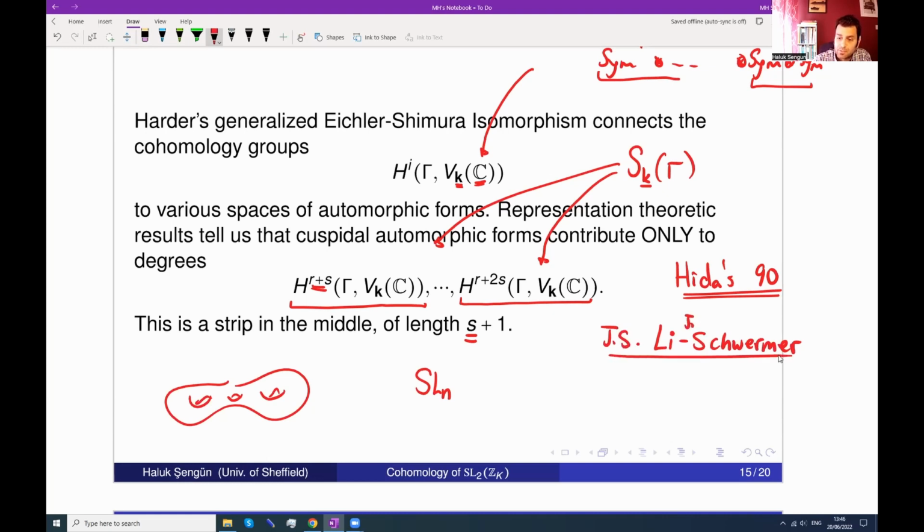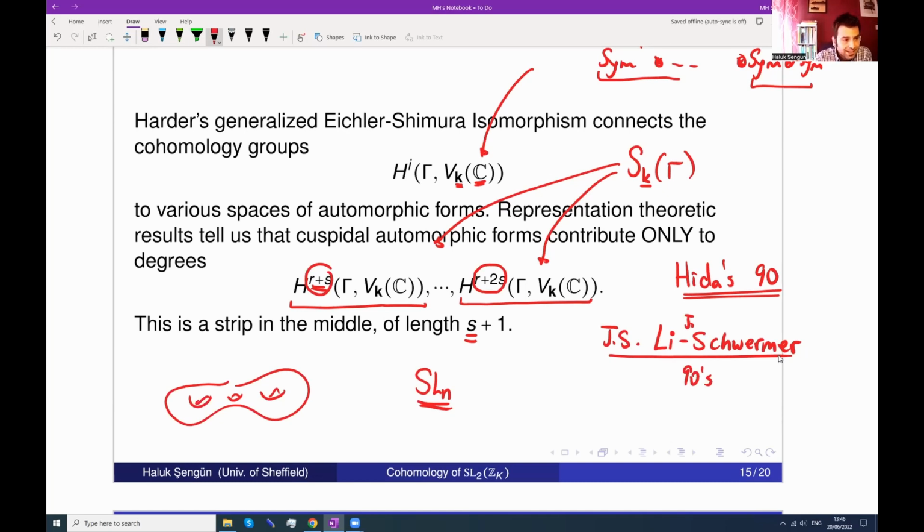They have a nice survey paper in a Chinese journal, or I forgot what journal actually, from the 90s, which gives you explicitly what these numbers are. They have a general formula and then make it specific for the case of SLn. You can find it on page 5 or something. But again, the idea is the same. There's a middle degree.